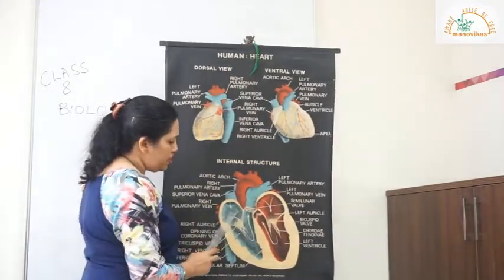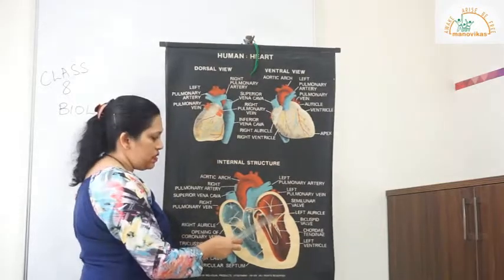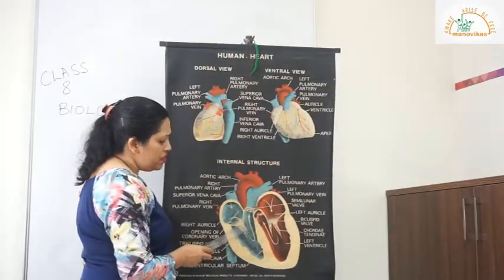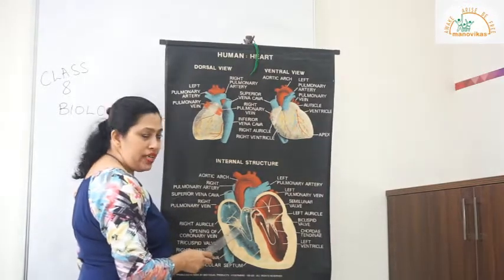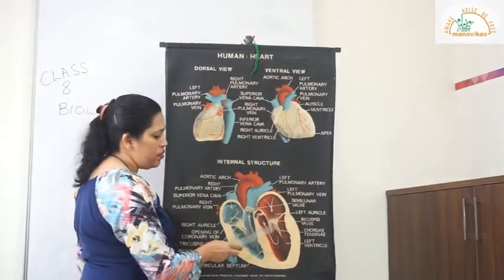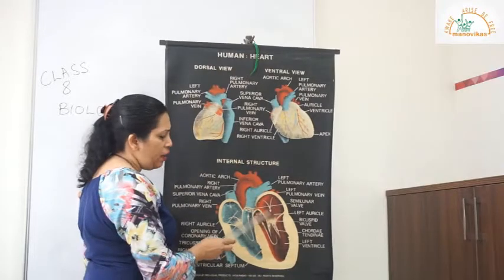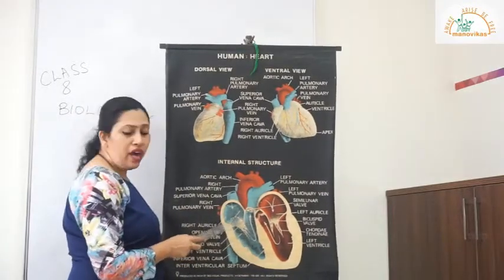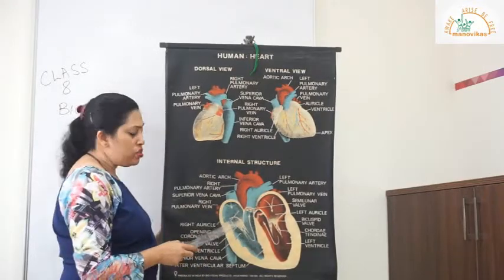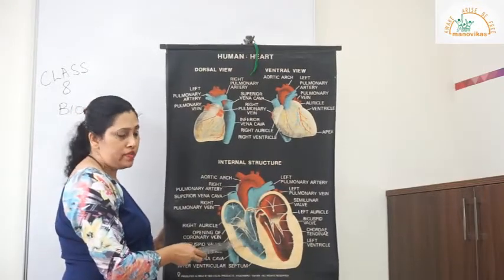When the blood fills the auricles, the valves, the tricuspid valve on the right side and the bicuspid valve on the left side, are between the auricle and the ventricle, so they are called atrioventricular valves.